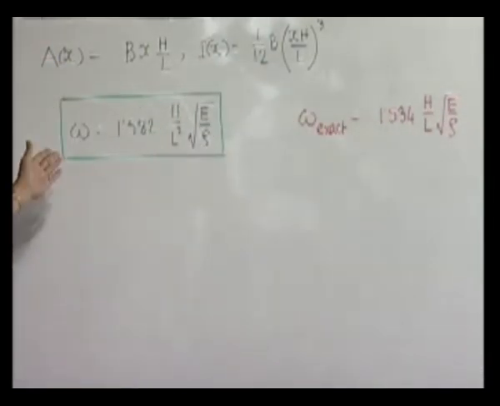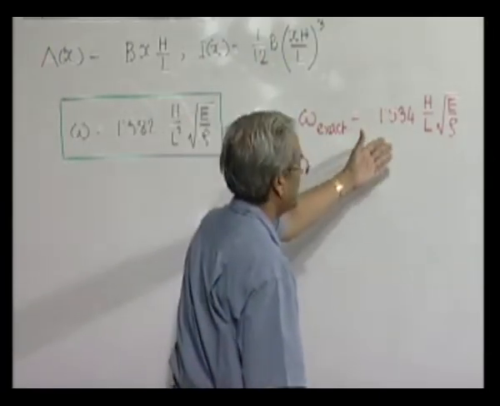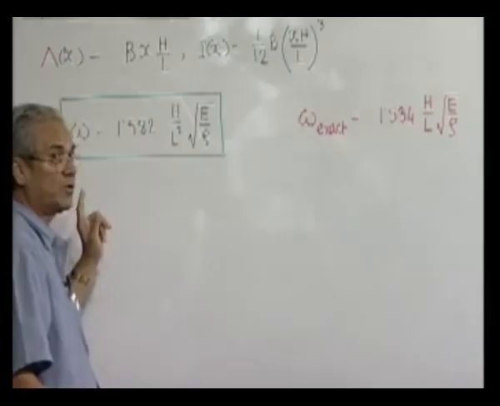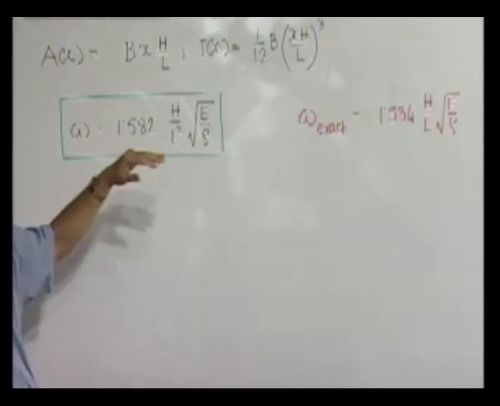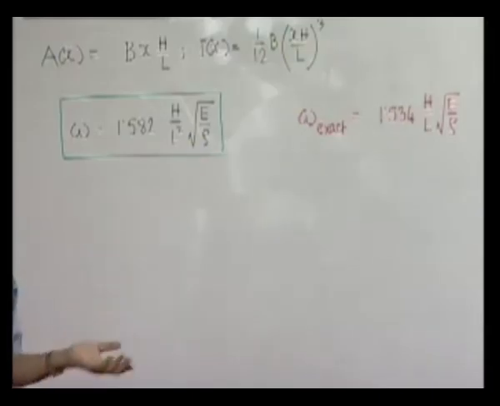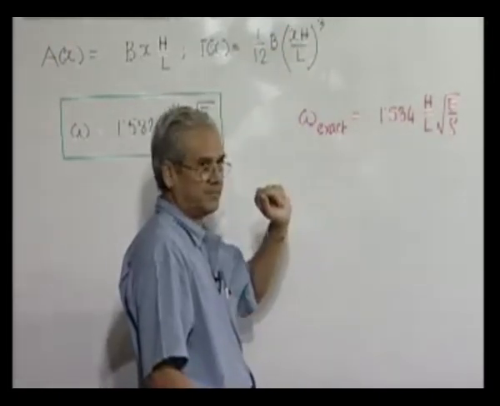Thus we find that the result we get by a reasonably simple mode shape assumption is quite accurate and the error is very low. But all the time we notice that the frequency which we get by assuming a mode shape which is not the exact one will always be higher than the exact value.